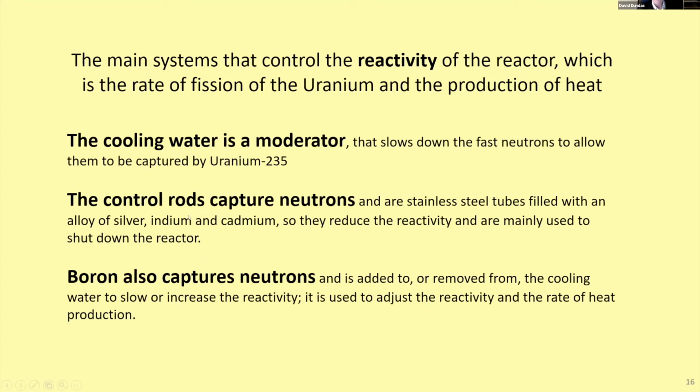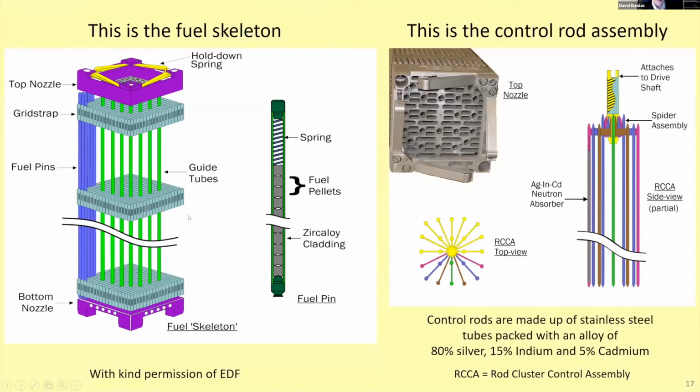So going into the detail of how all of that's built, inside the reactor, they have what they call fuel skeletons. There are some 260 in the reactor at Sizewell B, and they're made up of these fuel skeletons where you've got a load of fuel pins, these blue items here on the left, and this is an individual fuel pin which contains pellets of the uranium fuel held down with a spring.